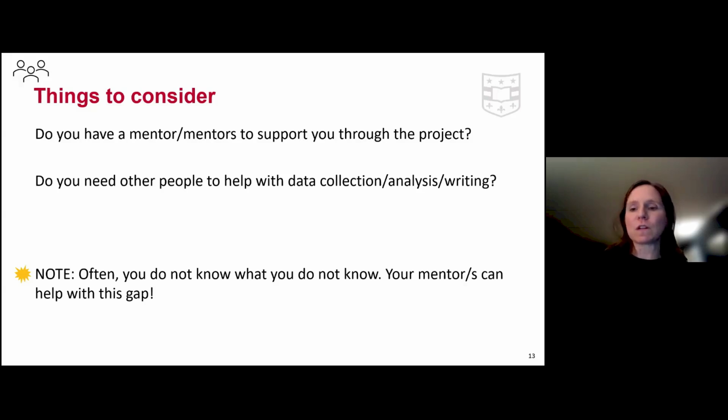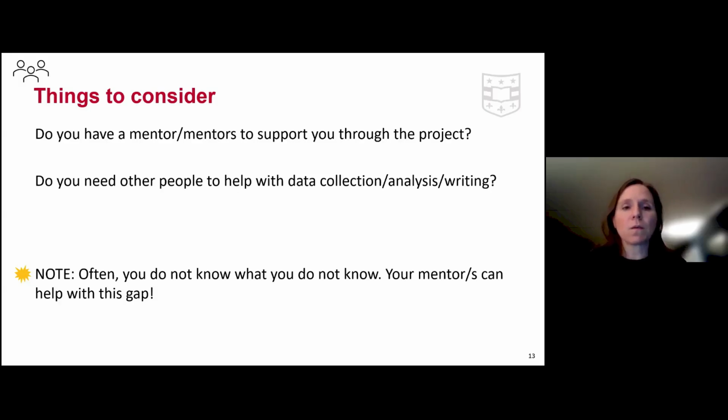And that doesn't mean they're just going to tell you what to do from the beginning, but that they will help you troubleshoot. As you're developing things like deciding what your outcome measures are going to be, and even in defining the scope of your project, your mentor can be invaluable in terms of saying, this is totally reasonable, or hey, there's no way this is going to be feasible for X, Y, or Z reason. How can we reshape this project to become feasible?